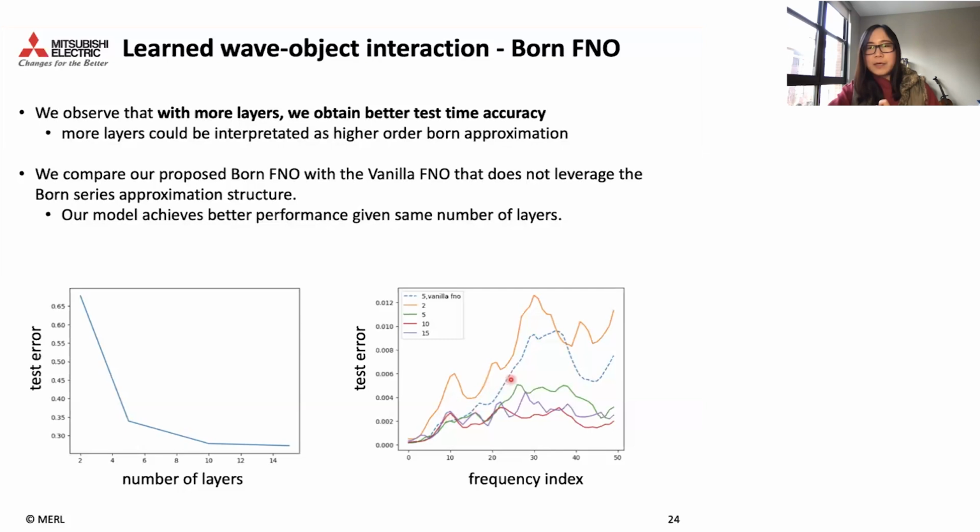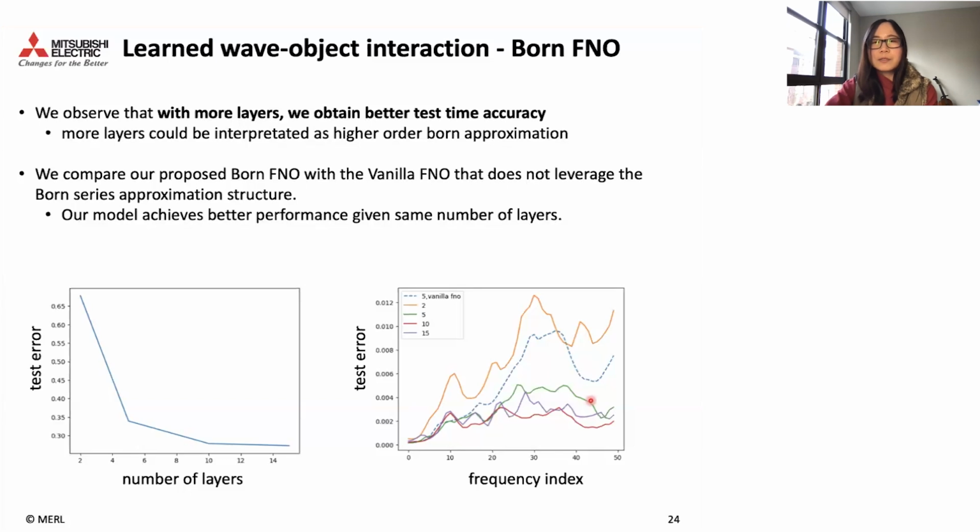But we notice that with the same number of layers, which is this green curve, we all use 5 layers, we get significantly lower test error with our 3 modifications to the Fourier neural operator structure. So this confirms that incorporating the knowledge that we acquired from physics really helps with the design of the neural network architecture.